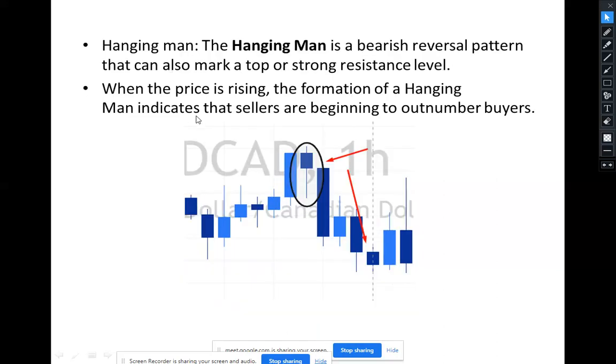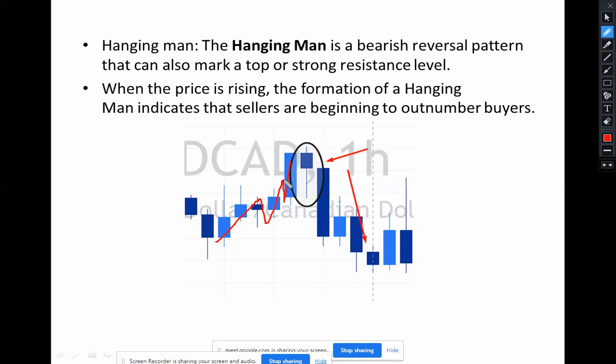Then we also have the hanging man. The hanging man is a bearish reversal pattern that can also mark the top at a strong resistance level. When the price is rising, the formation of a hanging man indicates that sellers are beginning to outnumber buyers. This is the buyers' push phase.